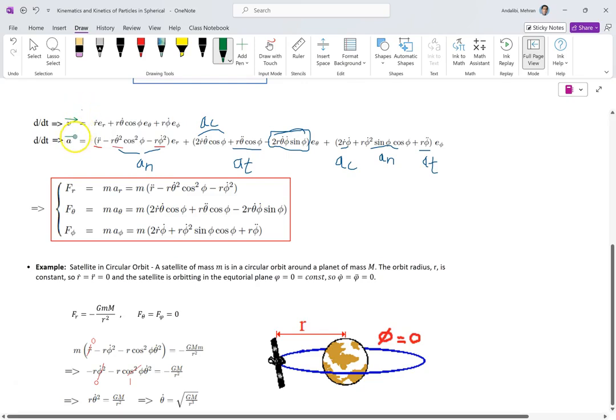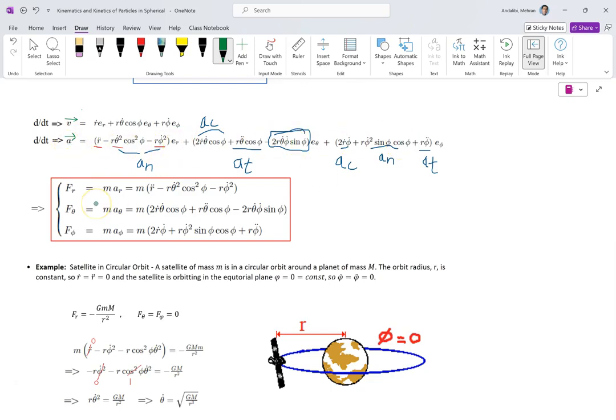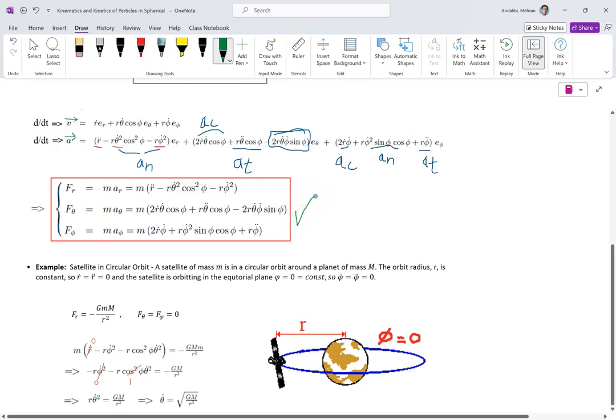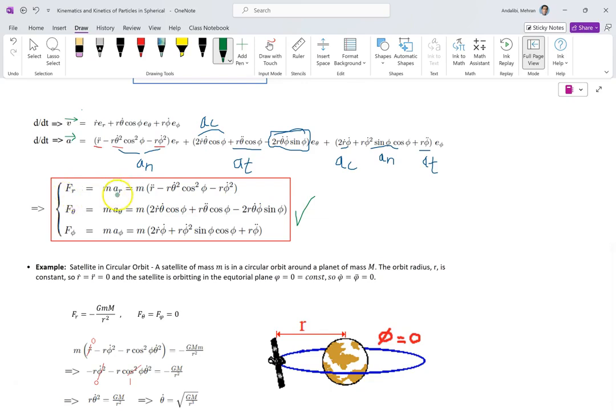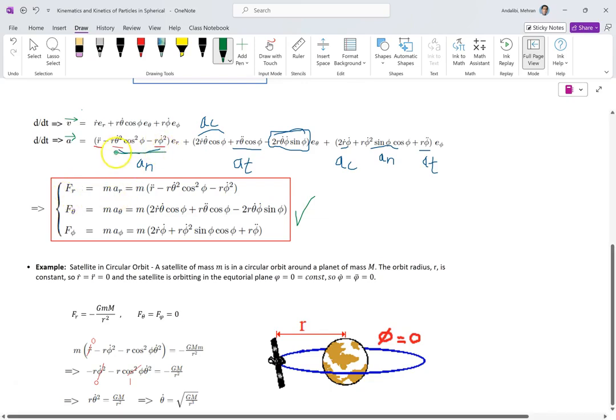And if you decompose F along r, theta, and phi, and also A has components along r, theta, and phi, then you're going to get these three equations, which are the equations of motion for the spherical coordinate. So clearly sum F_r equal m a_r, and a_r is this whole thing. That is your a_r, which you can see over here. Sum F theta equal m a theta, and a theta is that whole thing.